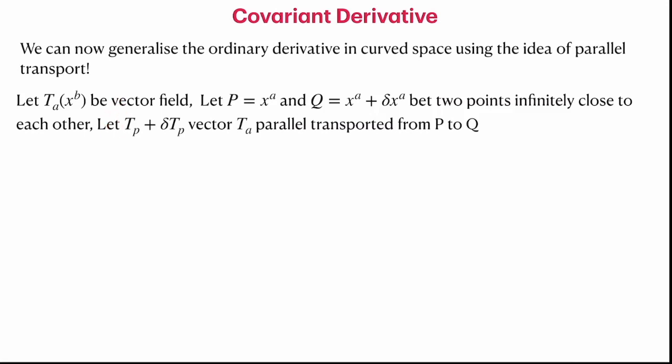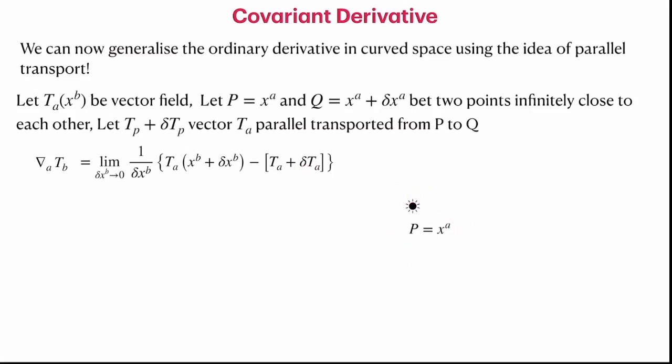Let T^A plus delta T^A be the vector T^A parallel transported from P to Q. Our new differential operator, defined as delta_B T^A, is equal to the limit delta x^B going to 0 of 1 by delta x^B times T^A(x plus delta x) minus (T^A plus delta T^A).